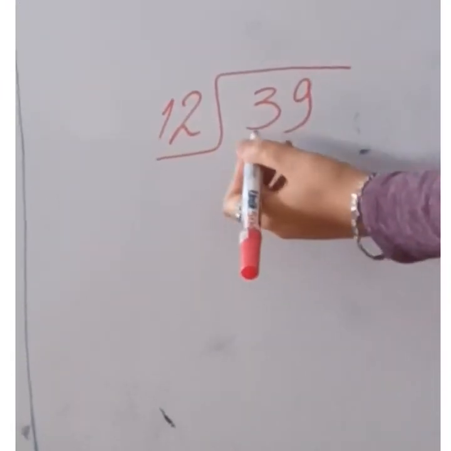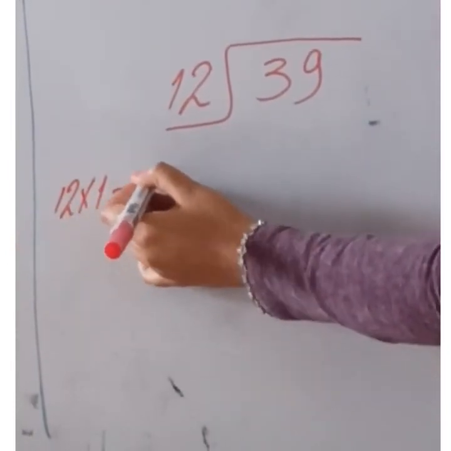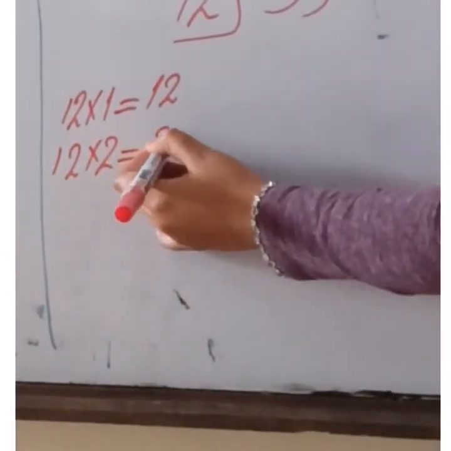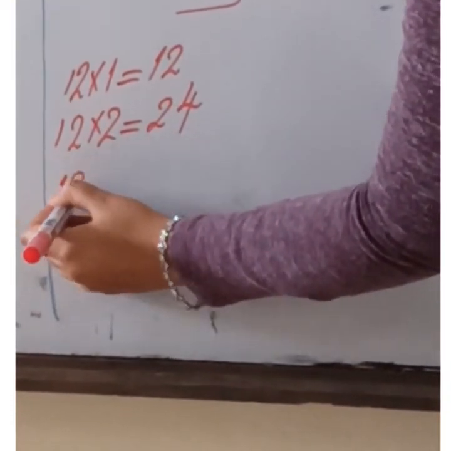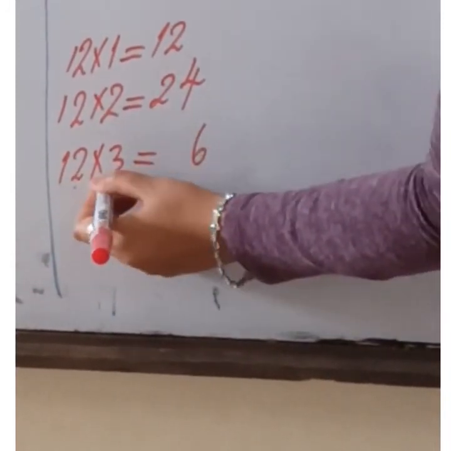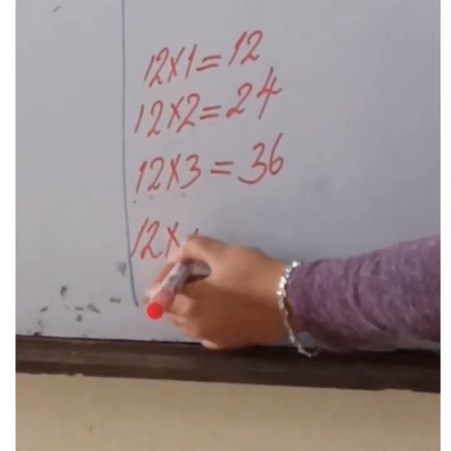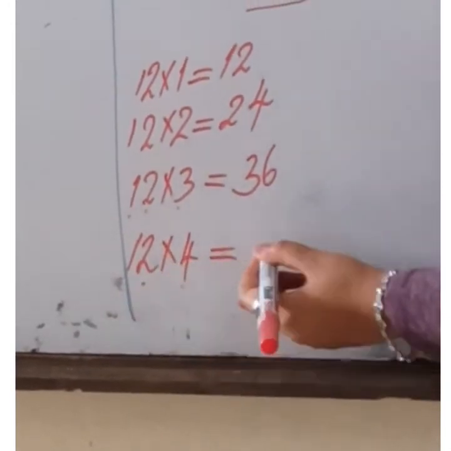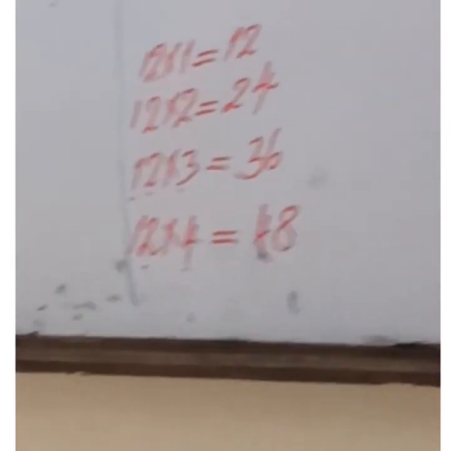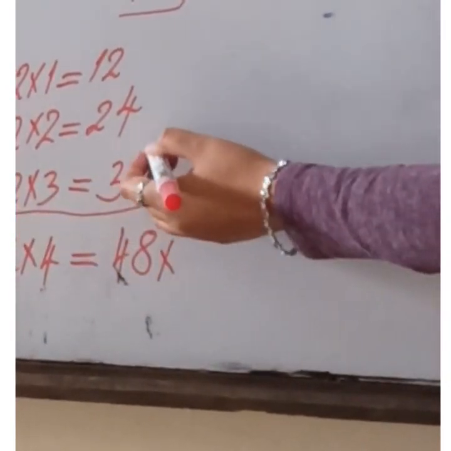If we divide 39 by 12, we take the table of 12. 12 times 1 equals 12. 12 times 2 equals 24. 12 times 3: 3 times 2 equals 6, 3 times 1 equals 3, so 36. 12 times 4: 4 times 2 equals 8, 4 times 1 equals 4, so 48. 48 is greater than 39, so we cancel it and take 12 times 3 equals 36.